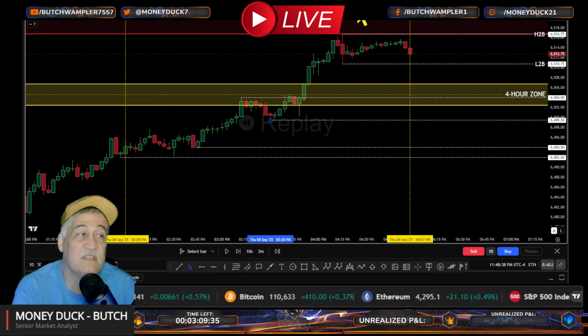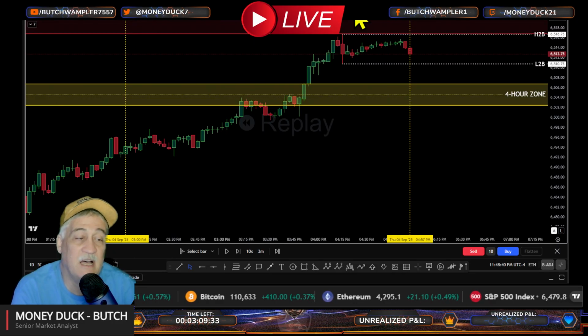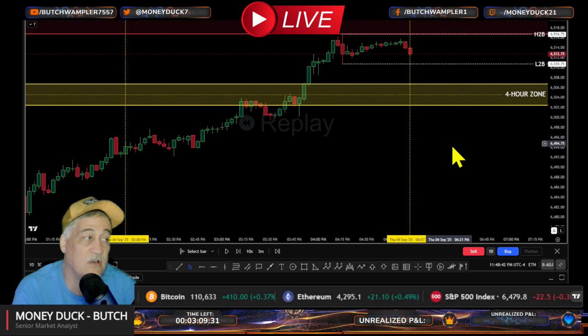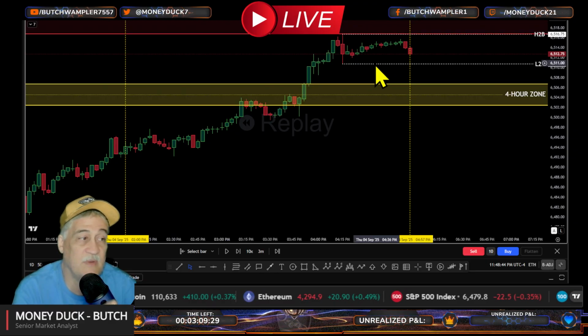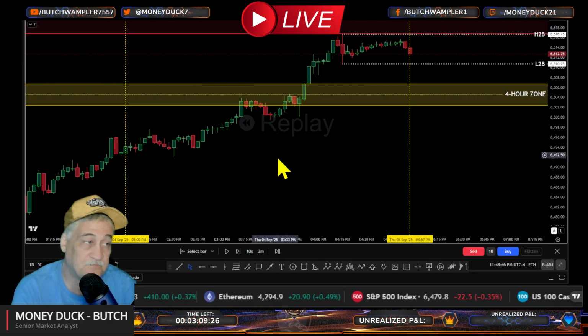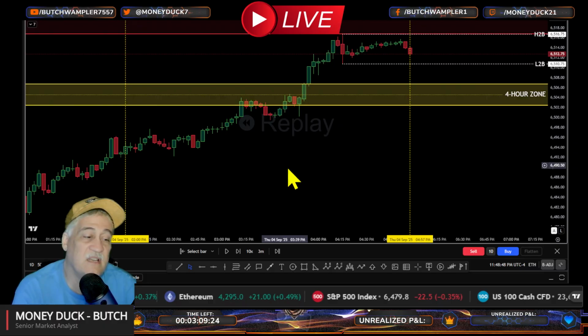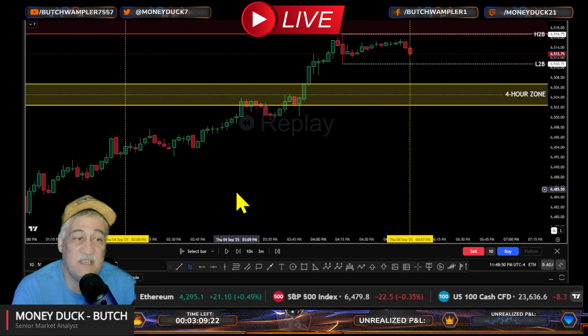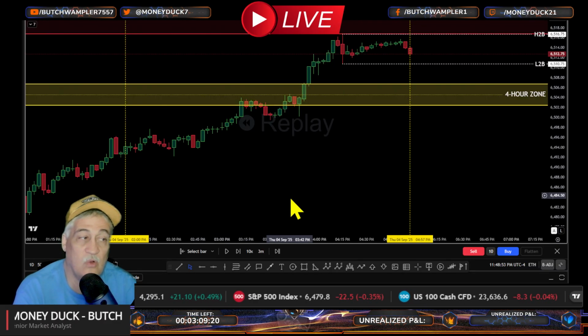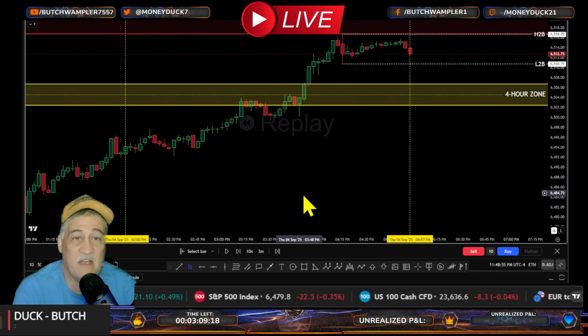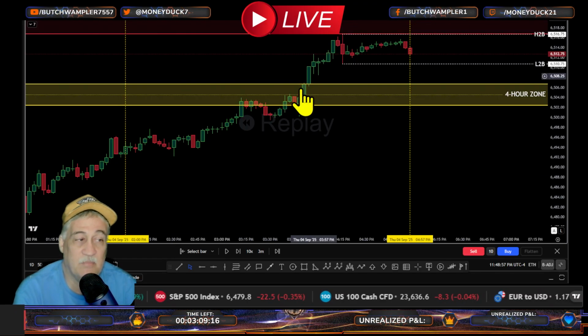What I want to do is keep it a little bit cleaner so that there's not as much on the chart. So we have 2 lines: our low to break and our high to break. And what we're doing is looking to see if we get bullish continuation. What I mentioned was hold long off that 4 hour, because we had already been in bullish momentum.